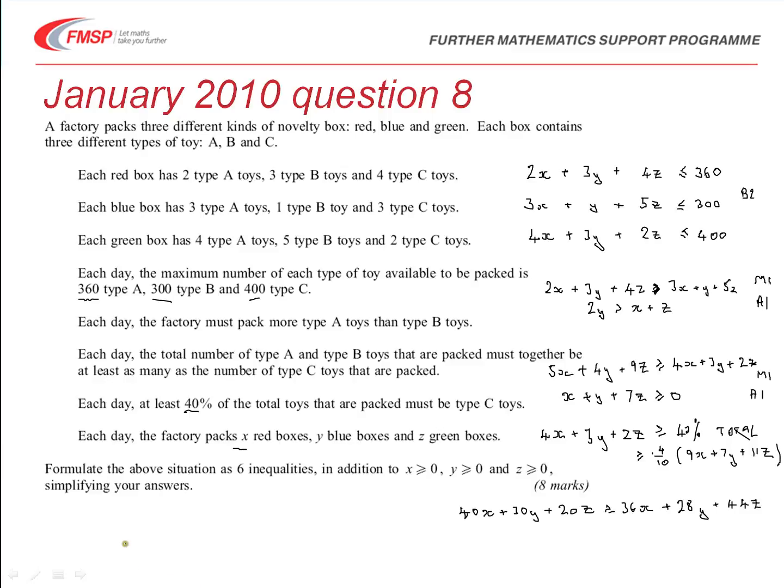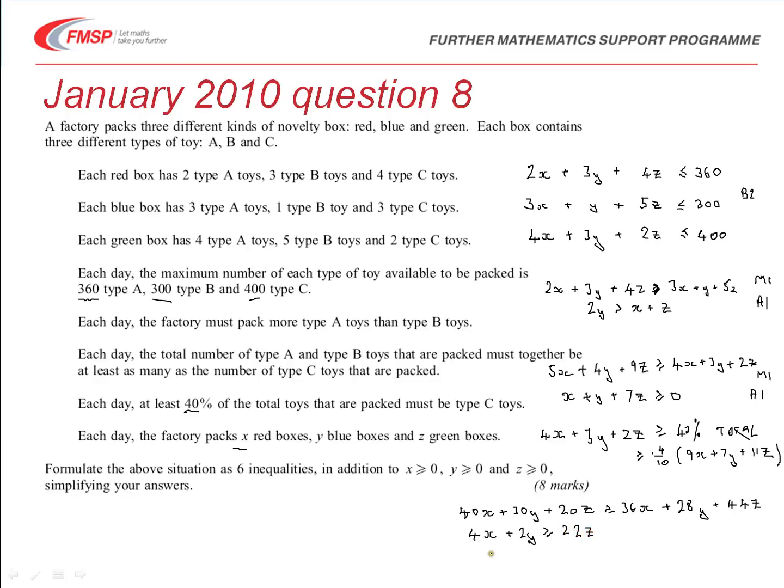If we now rearrange that, take the x's and try and keep everything positive, that will give us 4x plus 2y is greater than or equal to 22z.